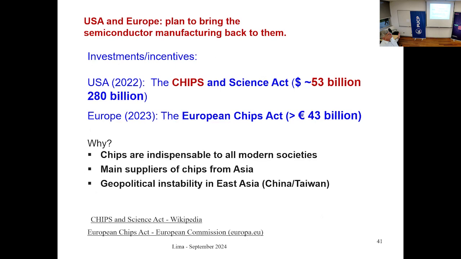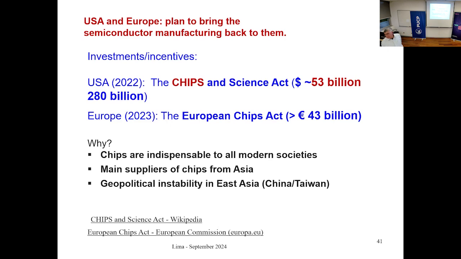Just for the Chips Act, it has $53 billion of investment and tax reductions. In the case of Europe, this act was created with 43 billion euros, again to bring the manufacturers back to Europe or to create new chip factories in Europe.